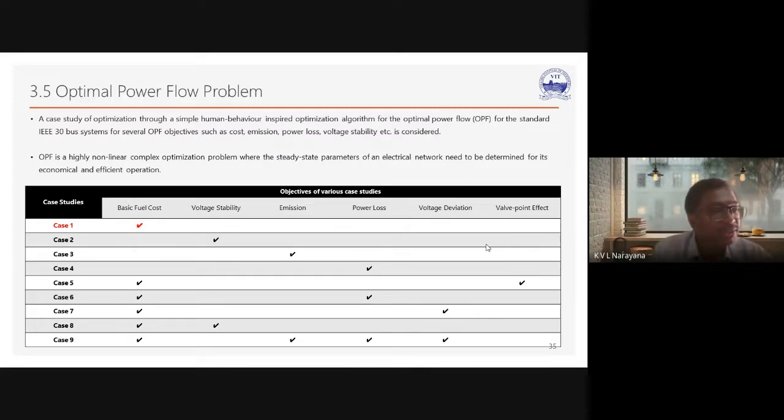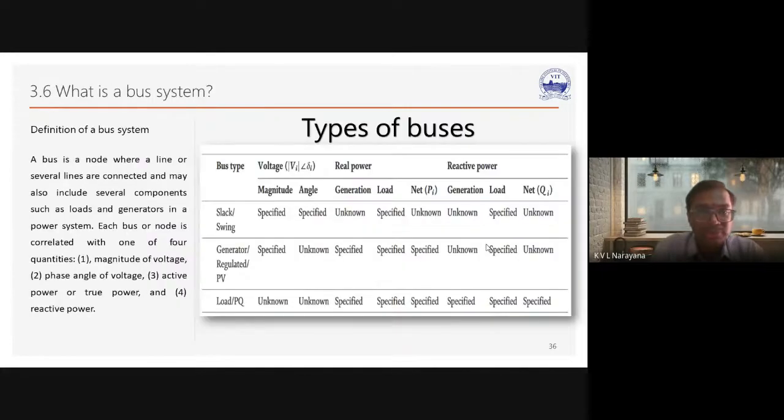The constraints include various equality and inequality constraints, including power balance, generation and distribution limits, and security constraints, which I am going to show for one case. I am going to take only one case of this particular optimal power flow problem. There are various types of buses you might have studied in the power system, as you all know already.